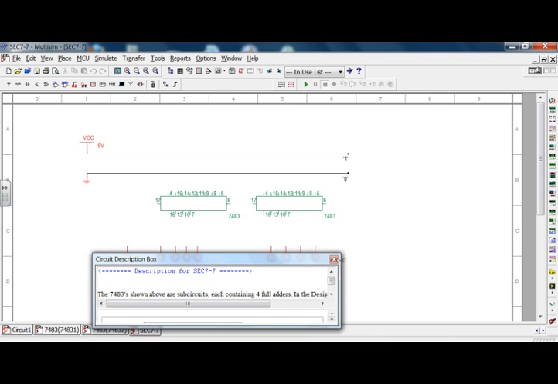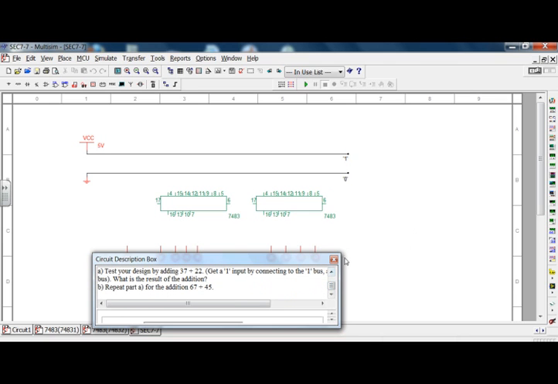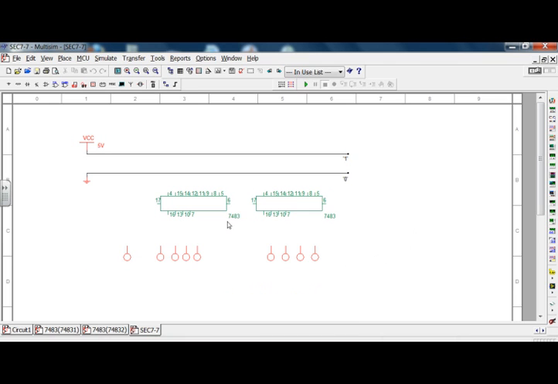Is that all we get? Shown above is our subcircuits, blah, blah. Okay. All right. So these are 7403s, which are what? 4-bit adders, I think.